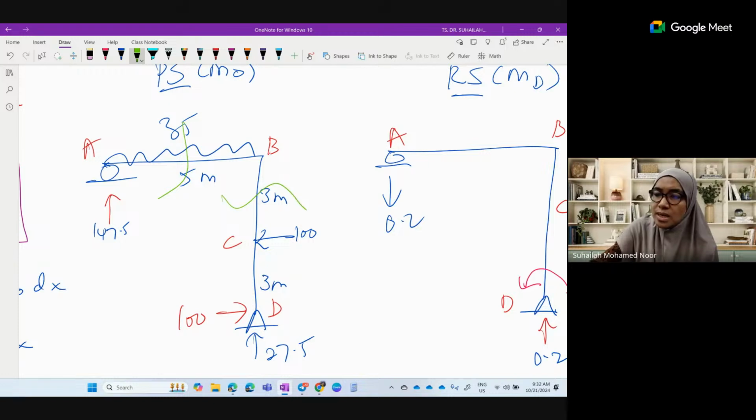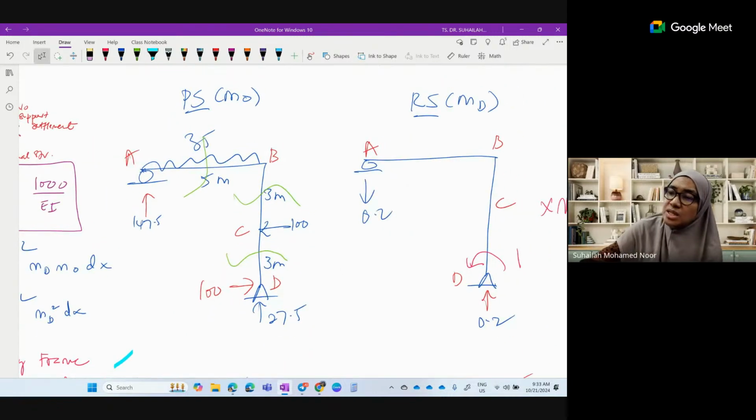BC will have one cutting section and CD will have another cutting section. Okay, and these 3 cutting sections in the redundant frame must also follow these 3 cutting sections. So 1, 2, 3. It must be the same, it must be consistent. If there are 4 cutting sections in the primary structure, there are also 4 in the redundant structure.